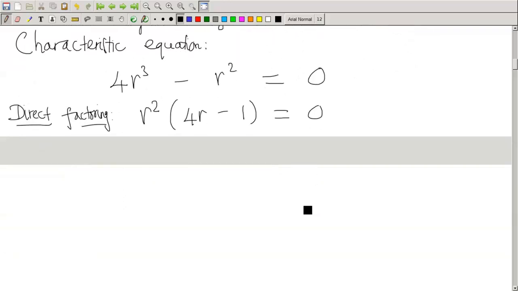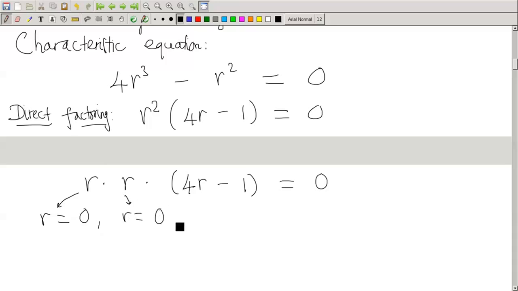Now when we solve for r, we also want to know how many times a root repeats. So for this r squared, I will split it as r times r, so I make it into simple factors here. Now I solve: the first one will give us r equals 0. The second one gives another 0.